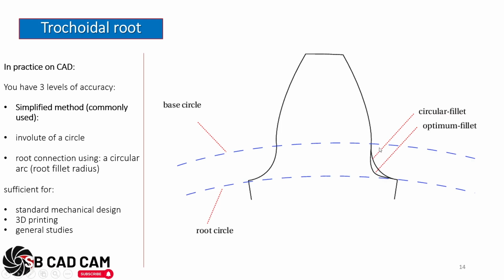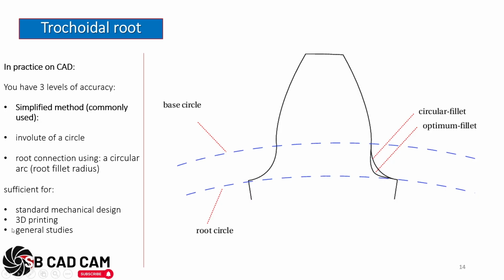We can extend it like that, or do a symmetry here and turn it directly using an involute, for example. It is sufficient for standard mechanical design, 3D printing, or general studies, just to have an idea.